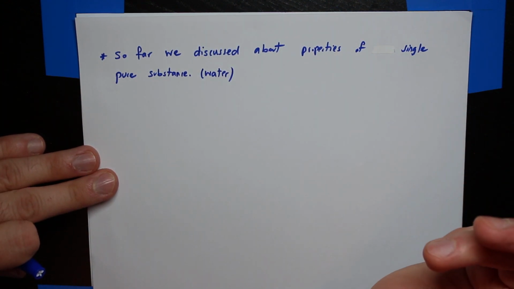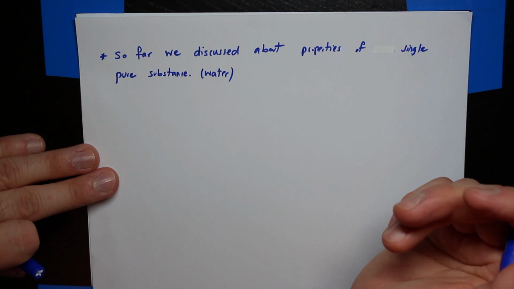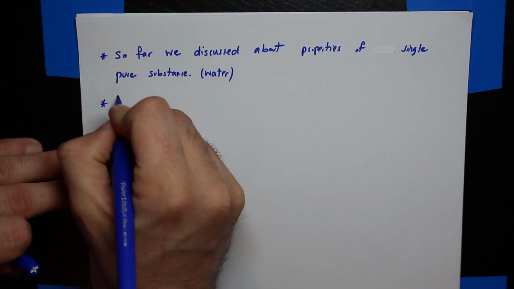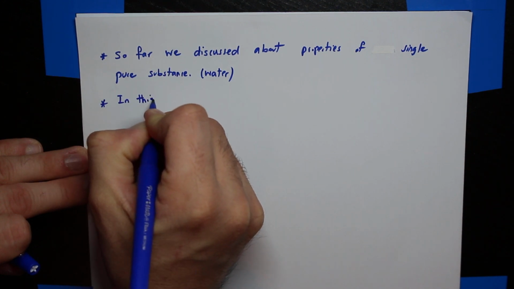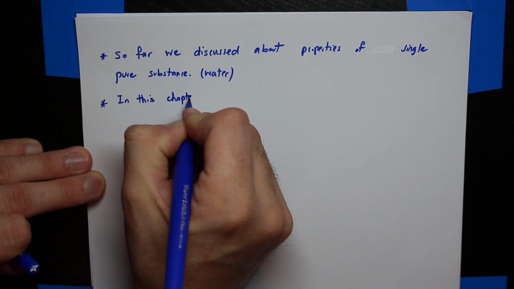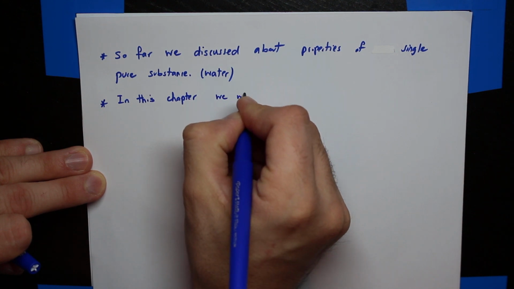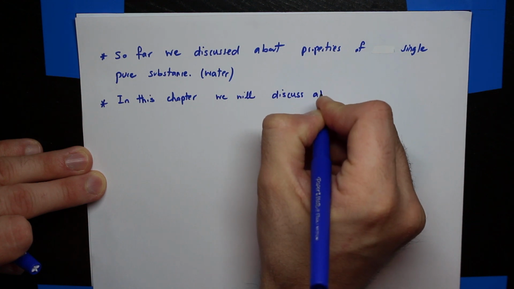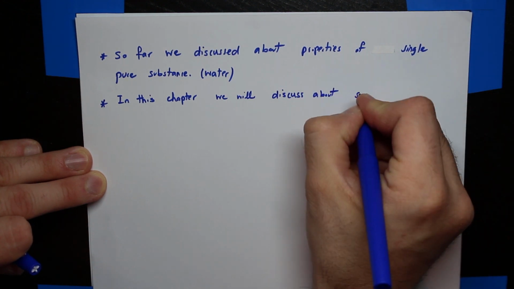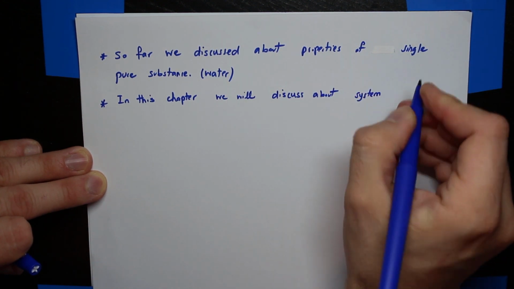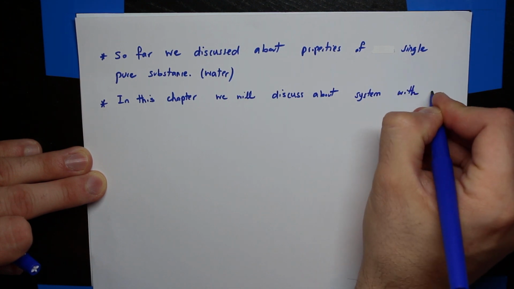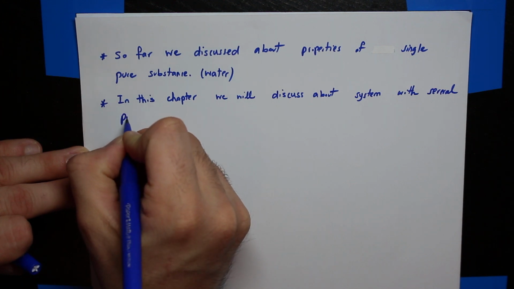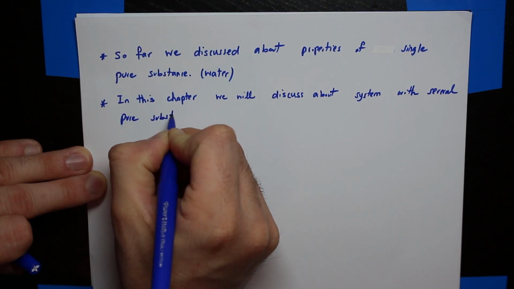But what if we are dealing with a mixture of several pure substances, and that has lots of application in thermodynamics. So in this chapter, we will discuss systems with several pure substances.